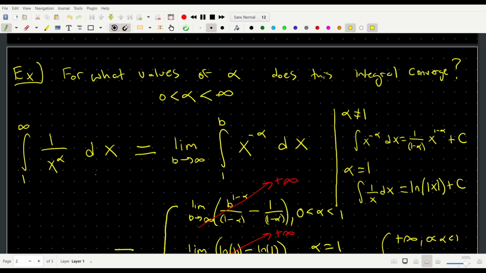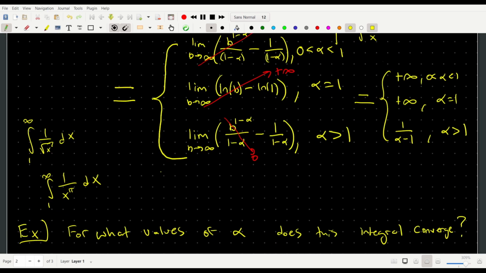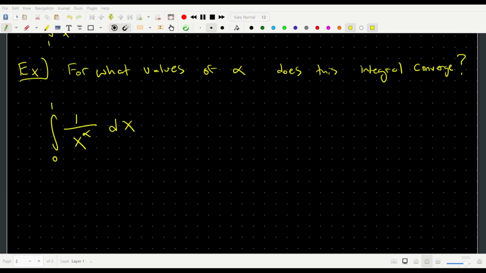In exactly the same way, another important function to consider is the function 1 over x to the alpha, but now on the interval from 0 to 1. It's not an infinite interval. So this is now 1 over x to the alpha on the interval from 0 to 1. This is still an improper integral.